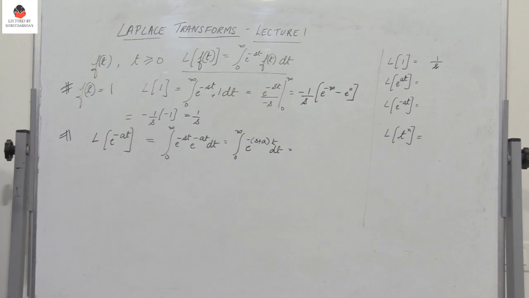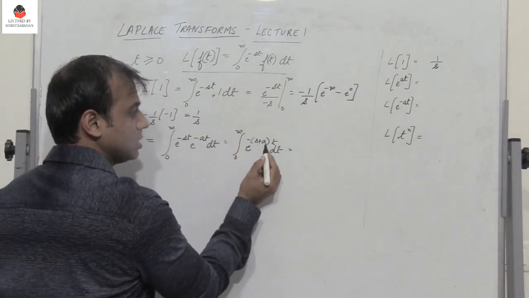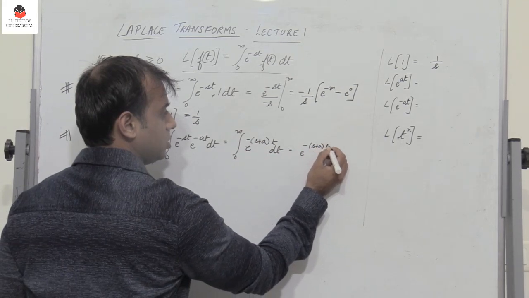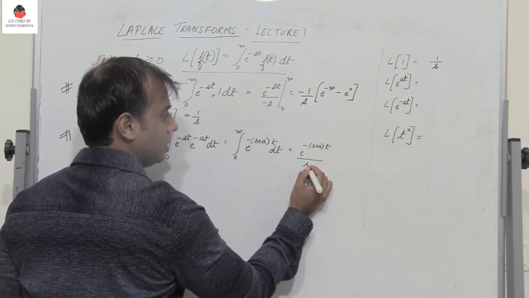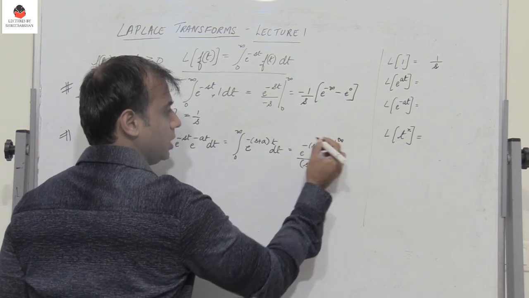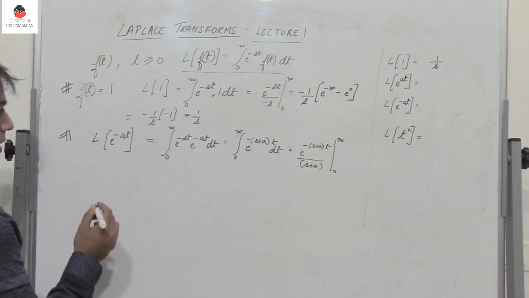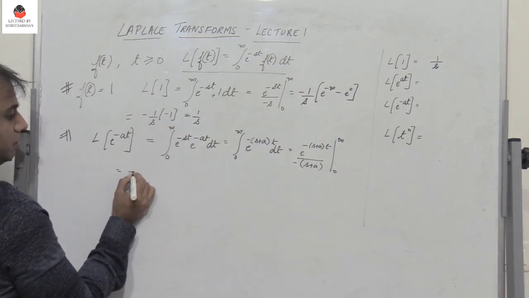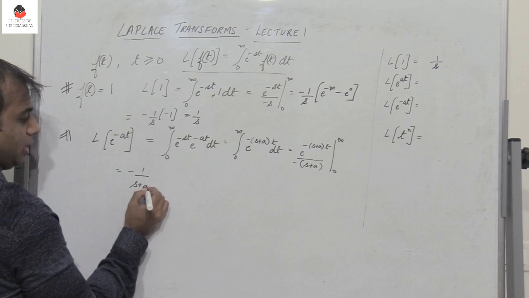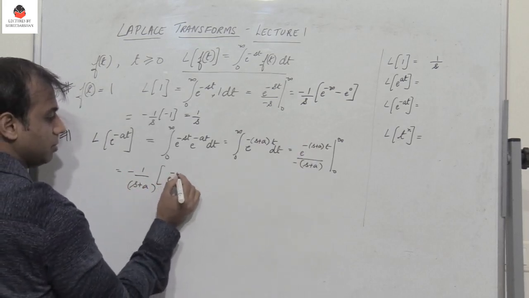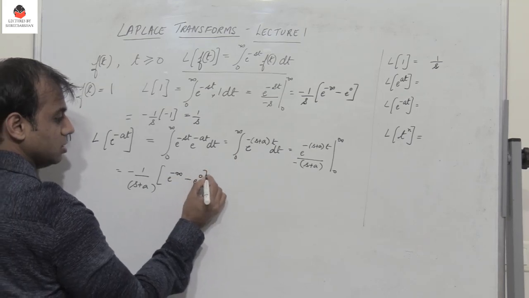So I integrate e power minus s plus a into t, which is e power minus s plus a into t divided by the constant term s plus a with t varying between the limits 0 to infinity, right? So with a minus sign, of course. So you have minus 1 by s plus a. When t is infinity, you get e power minus infinity minus e power 0.